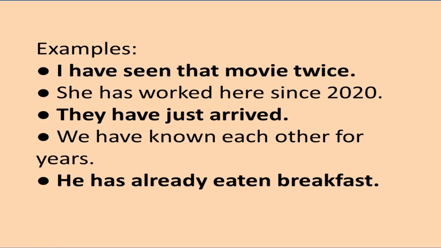They haven't yet taken long since they arrived. Four, we have known. Known is the past participle of the verb to know. We have known each other for years. The last example here, he has already eaten breakfast. He has already eaten breakfast.